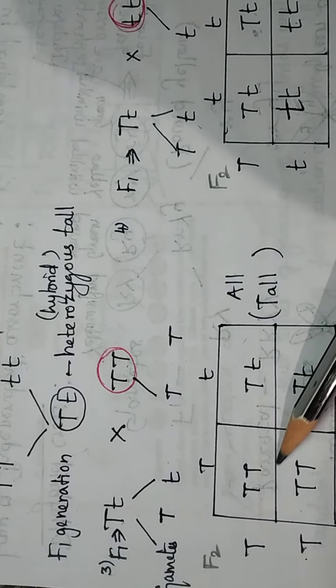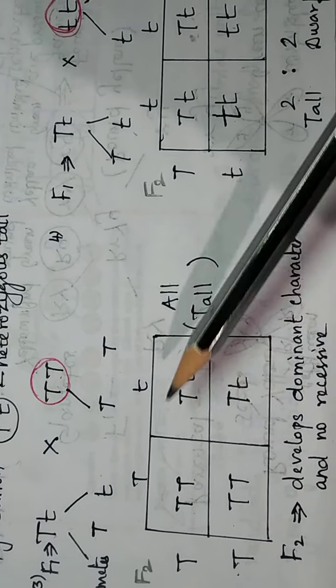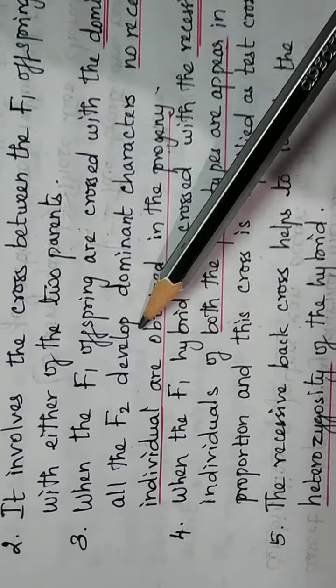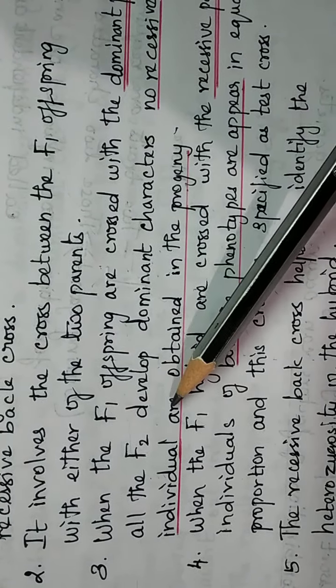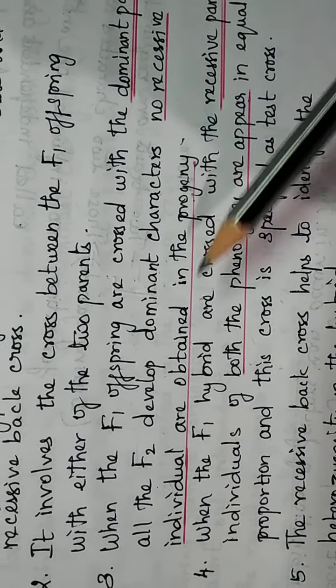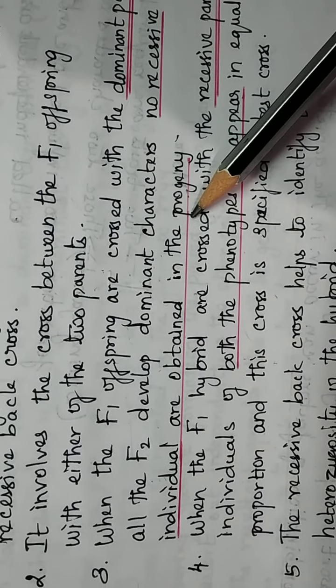Dominant characters. There are no recessive characters. No recessive individuals are obtained in the progeny, and all are tall plants: capital T, capital T, capital T, capital T, all were tall plants. So when the F1 offspring are crossed with the dominant parent, all the F2 develop the dominant character.